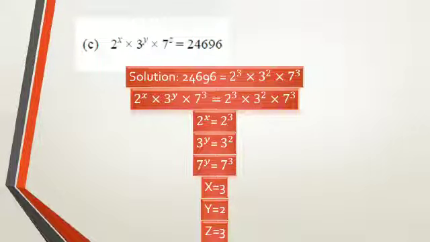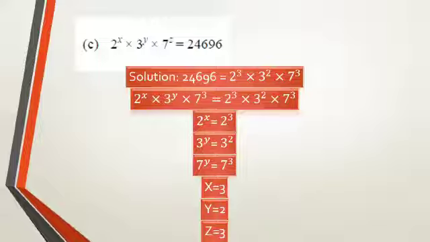See another example: 2 power x into 3 power y into 7 power z is equal to 24,696. How are we going to solve this? We are going to find the prime factors of 24,696. Here we can see that it can also be written as 2 cube into 3 square into 7 cube.